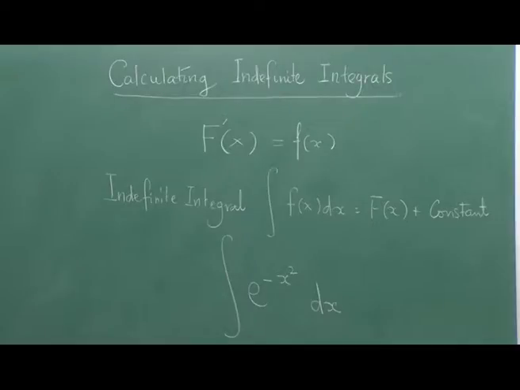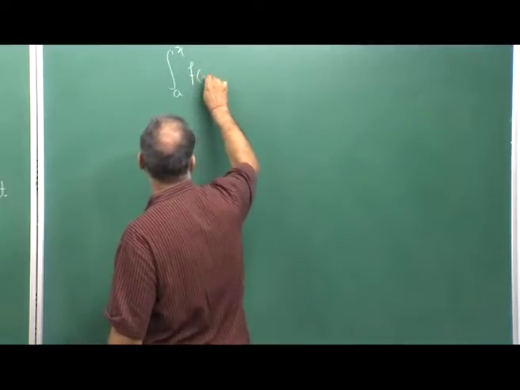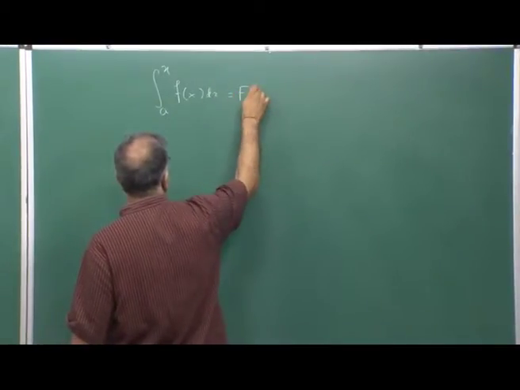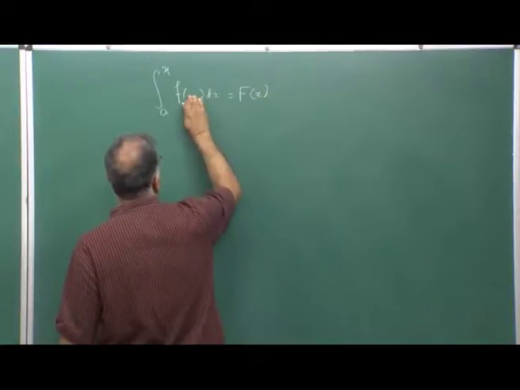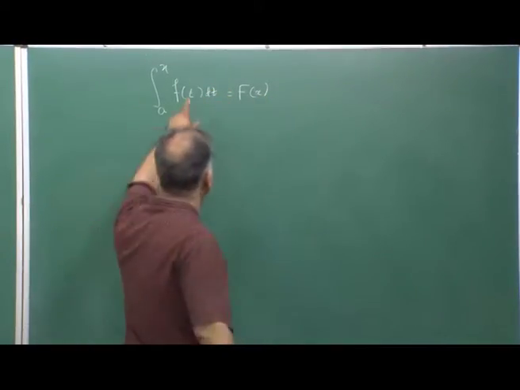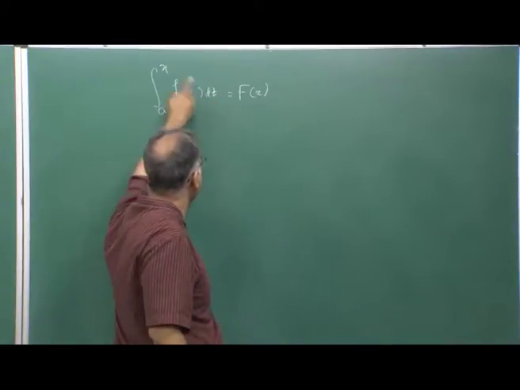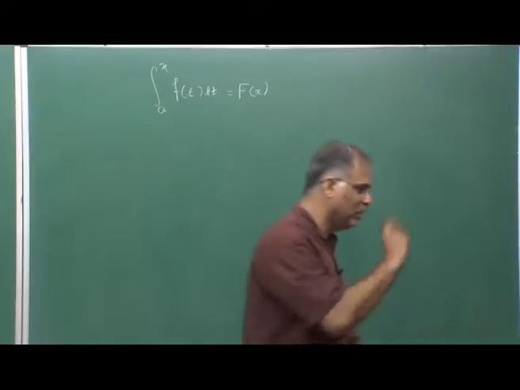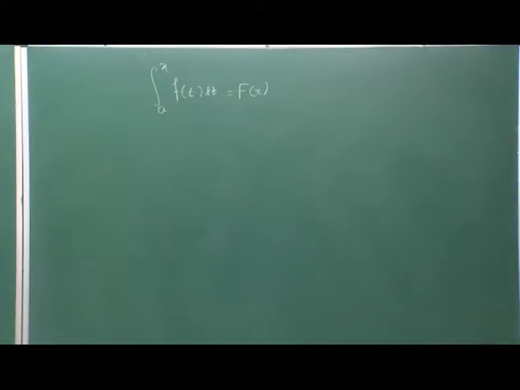If f is a continuous function, then F is differentiable, where F of x is the integral of f of t dt. Sometimes people ask why I am not writing t here, because I have taken x here. These are all dummy variables; even if you write x, it does not matter once you understand the situation.